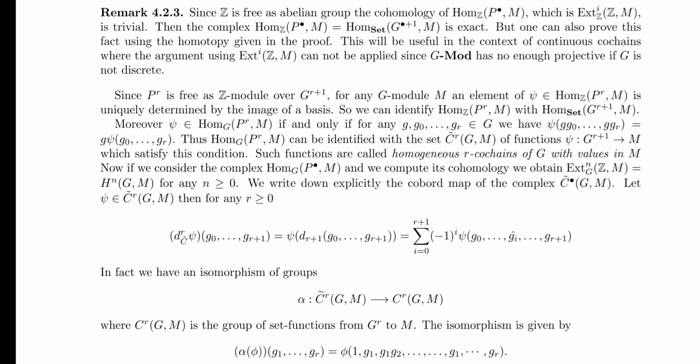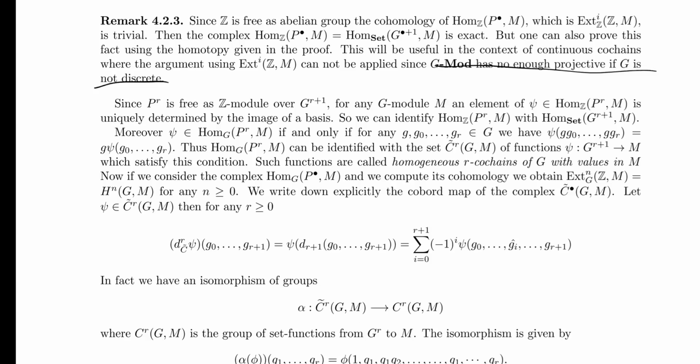Remark, since Z is free as an Abelian group, the cohomology of Hom_Z(P_•, M), which is the Ext group, the i-th Ext group from Z to M, is Z linear. Actually here it states something very strange, but okay.